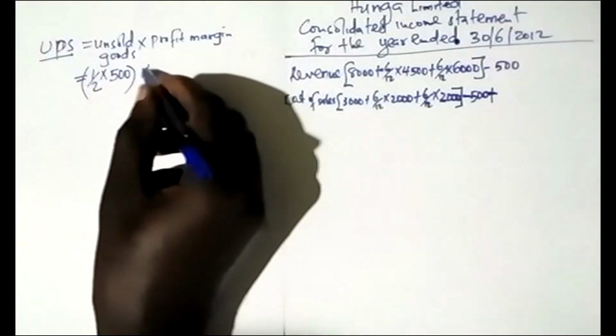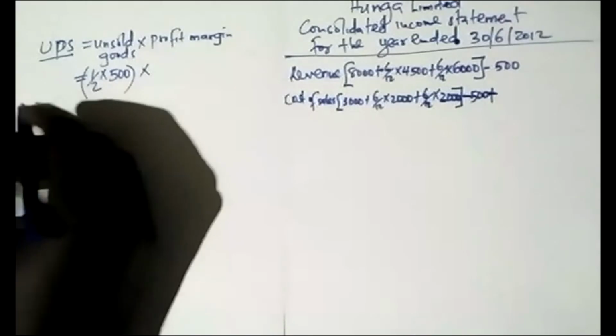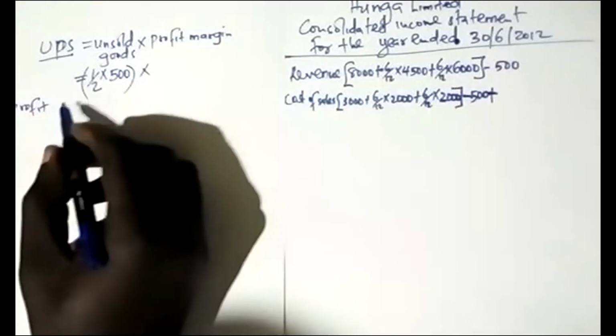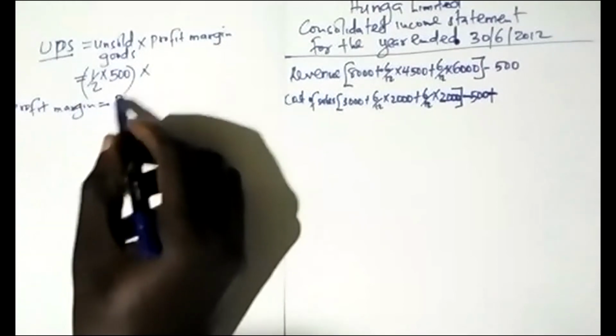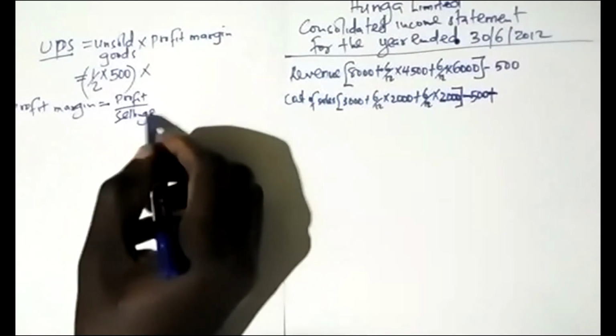Then you have to multiply with profit margin. We were never given the margin, but we were told that the profit was 100 out of the goods of Hunga which were sold to Shujaa. He sold the goods for 500, making a profit of 100. So which means that I can get my profit margin. I will take the profit and divide with the selling price.